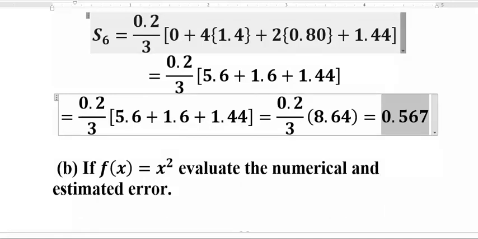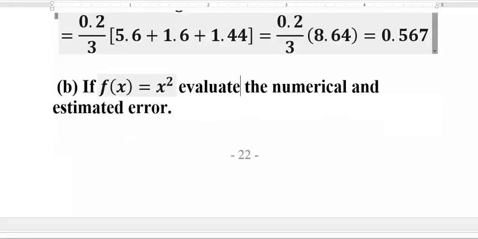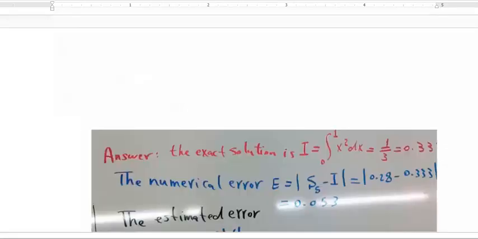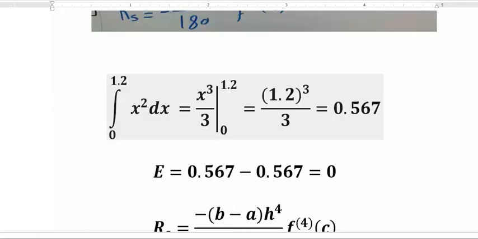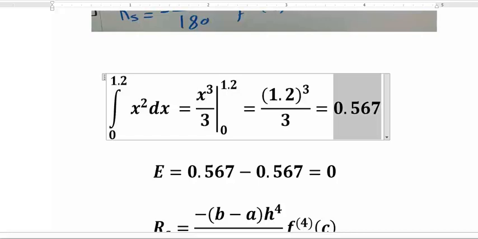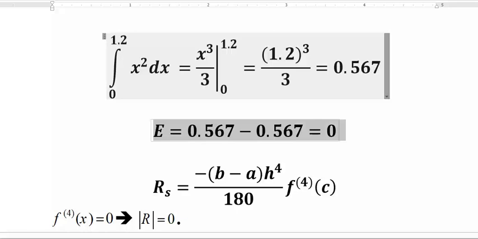This is the result, and we can evaluate the numerical error. If we have the exact solution, x squared, the exact value of the integration is 0.567, and if we subtract the exact from the numerical, the result is 0.